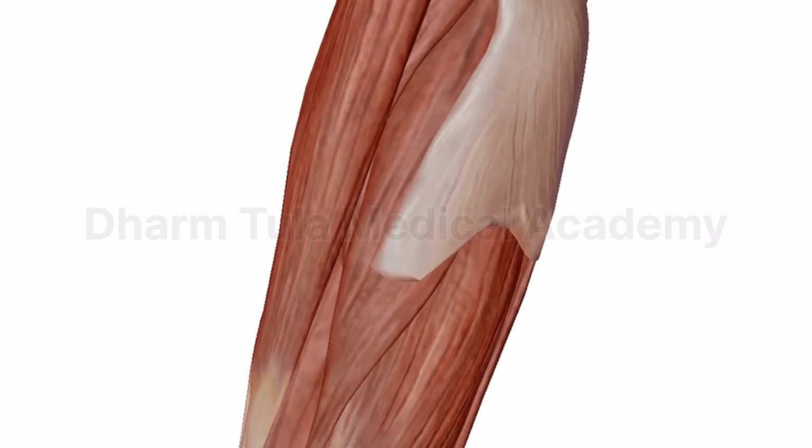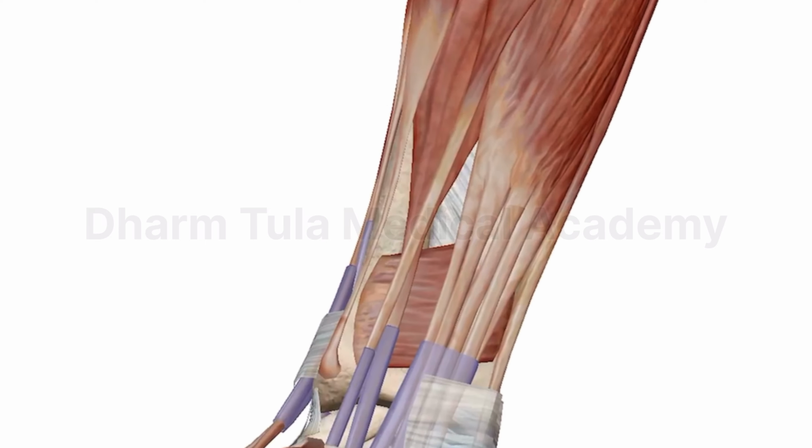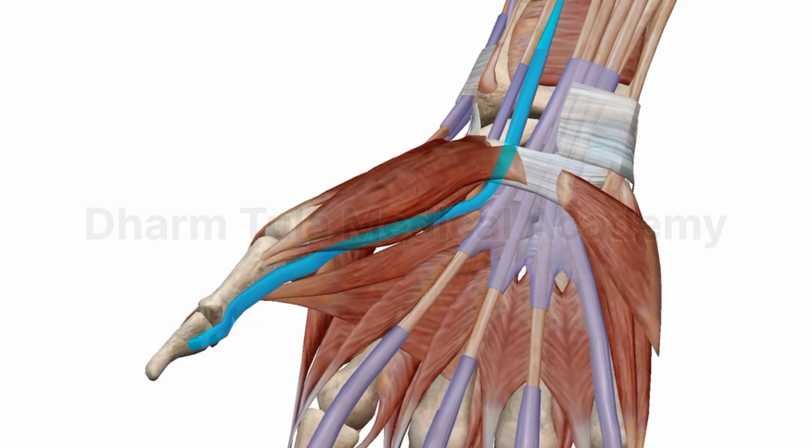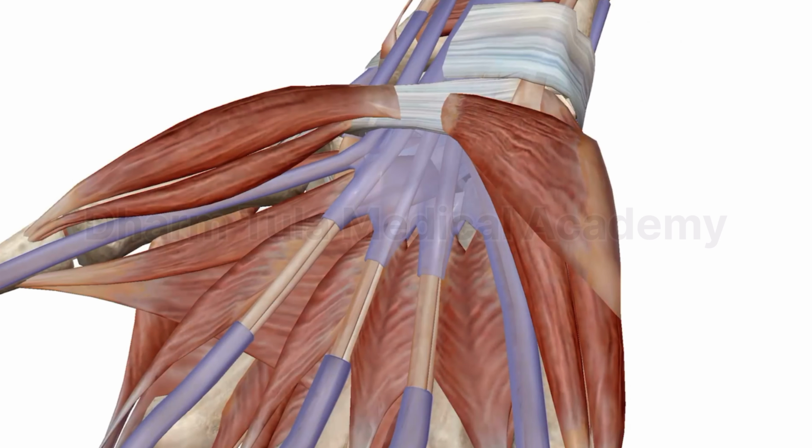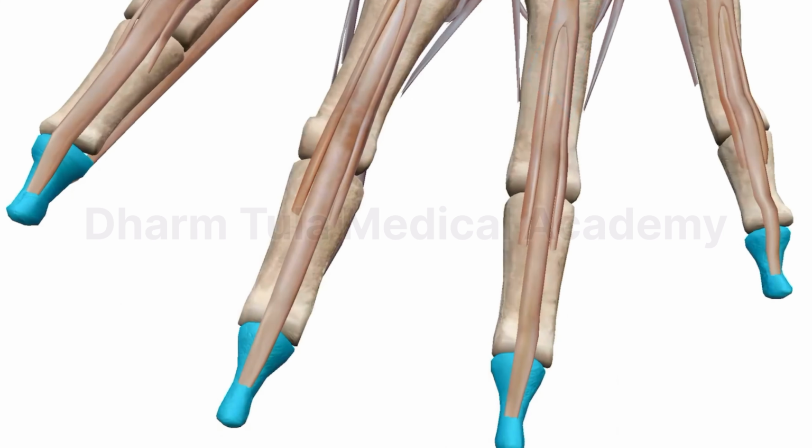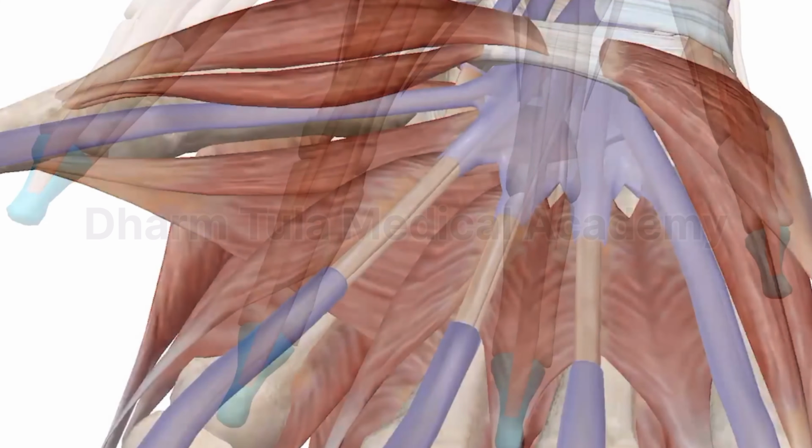Several large muscles located in the forearm pass their tendons through the carpal tunnel. The flexor pollicis longus runs from the radius to the distal phalange of digit 1. The flexor digitorum profundus runs from the ulna to the distal phalanges of digits 2 through 5.